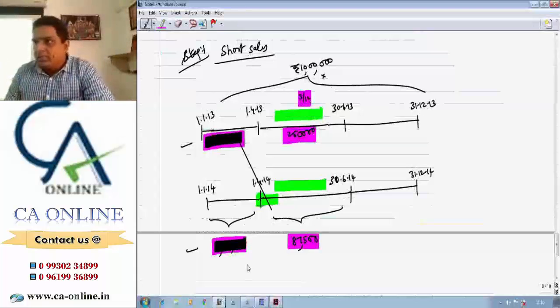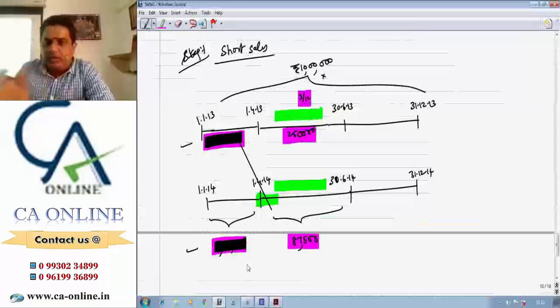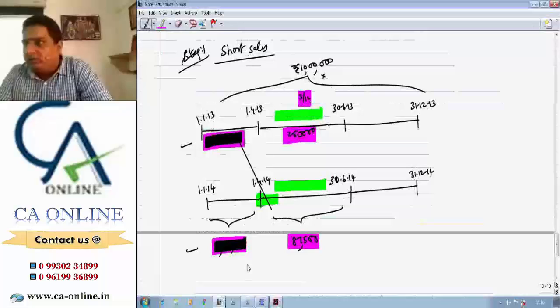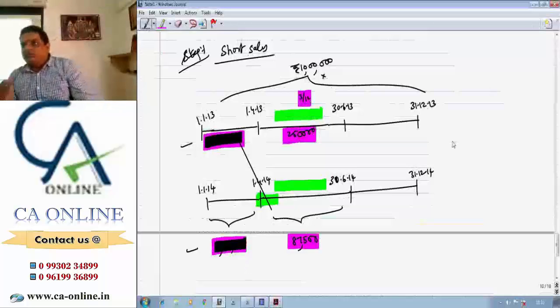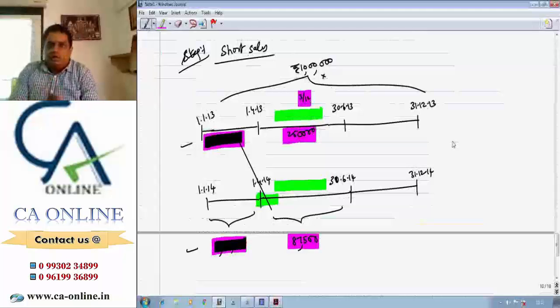Can you understand? That means sales for the corresponding period last year will not be 2,50,000. It should be lower than that or greater than that. Lower than that, what is the number? It is not into 85%. Into 100 by 115. If you do that, you will remove the inflation.